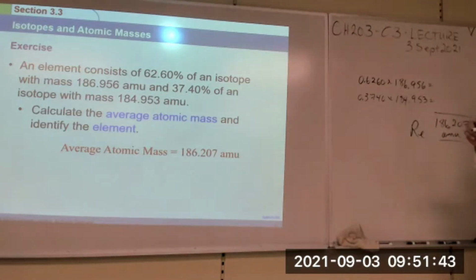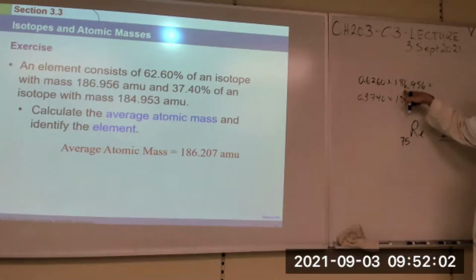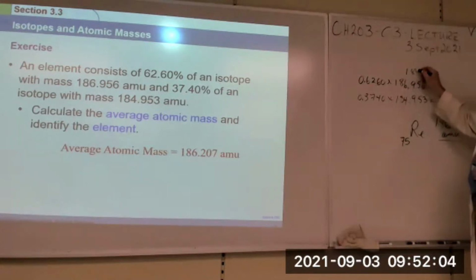All right. And it has 75 protons in it. So can we say anything about the number of neutrons? What about this isotope? What do you think the number of neutrons would be? Probably rounded off, 187 would be the mass number.